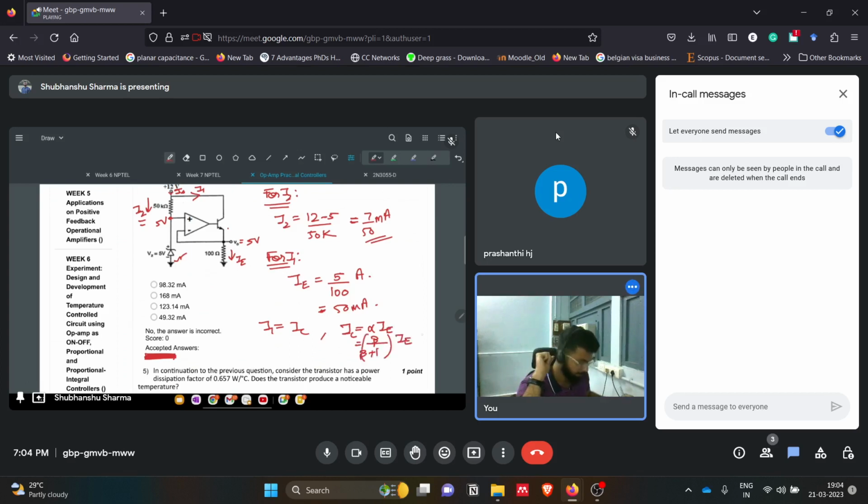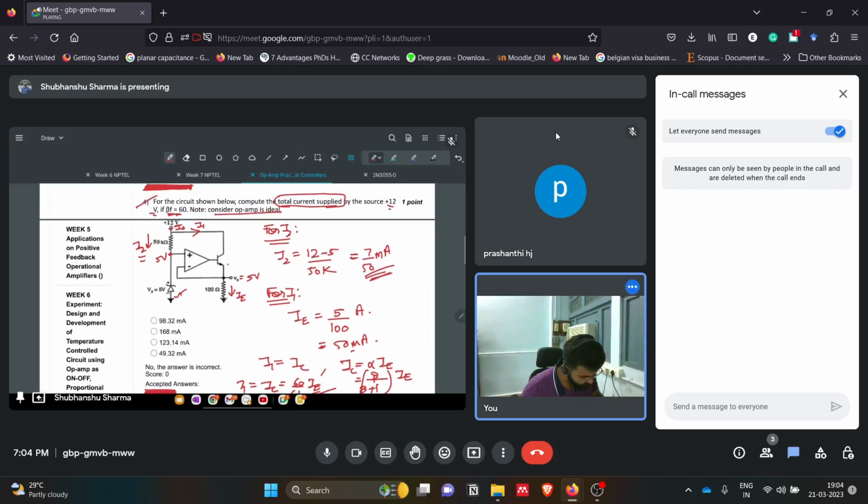So based on that, we get IC equals 60 by 61 IE. So IC will be a little less than IE in this case. With IC equal to I1, by adding this value and this value, we can get the answer.